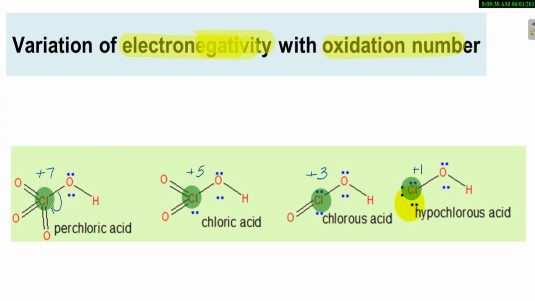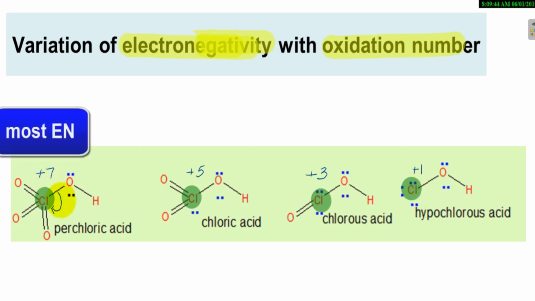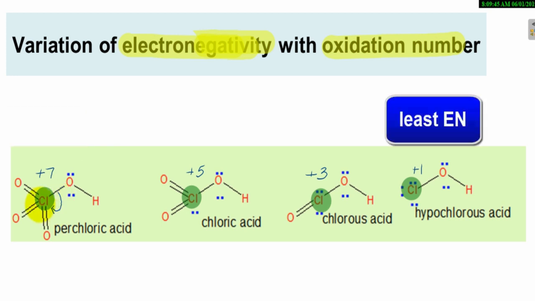So if we compare chlorine atoms with +7 with chlorine atoms of +5, +3 and +1 oxidation number, chlorine with +7 is the most electronegative because it is the most electron deficient. Chlorine with +1 is the least electronegative because it is the least electron deficient in the given series.